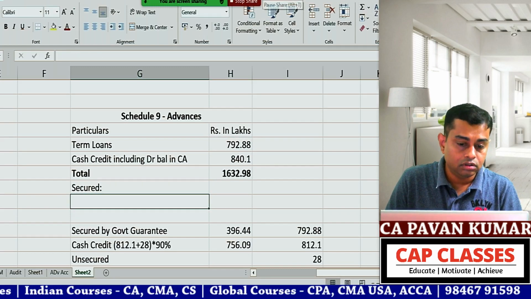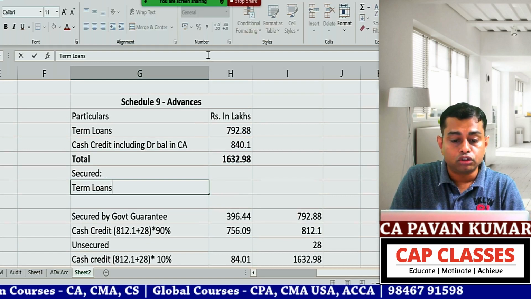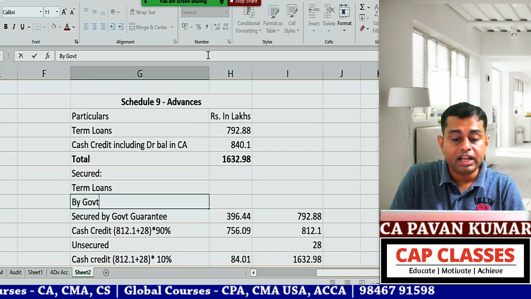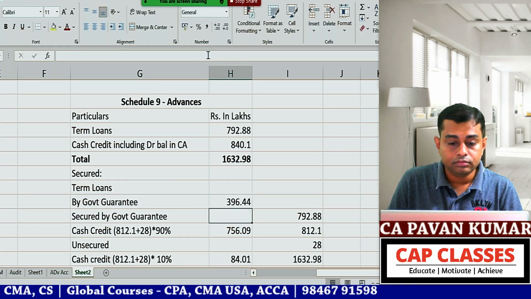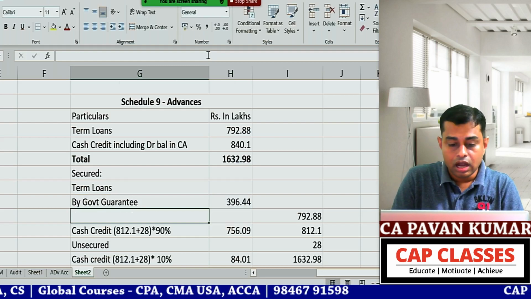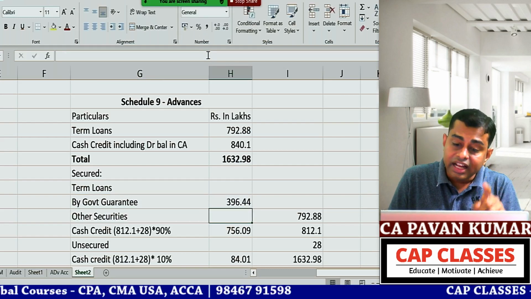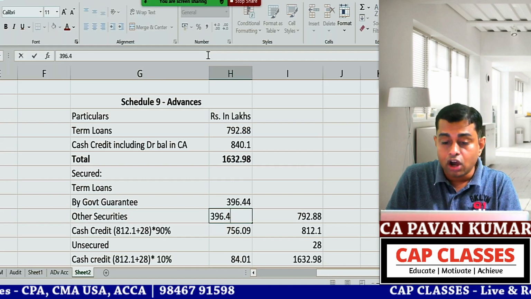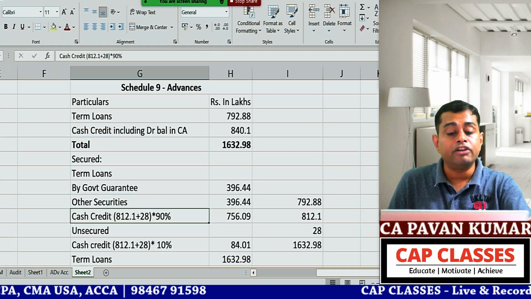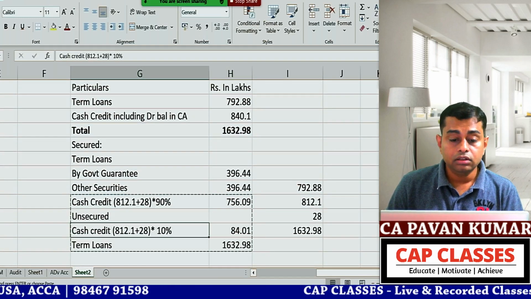Secured. Now here you will write term loans secured by government guarantee, you will write this amount. Other guarantees, other securities, 396.44, because without security they will not give.